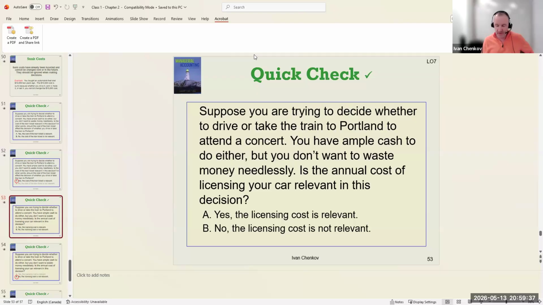But that's a different story. Then they're going to tell you that you still have to pay this parking insurance, so if something happens when you're parking your car, you're actually covered. Otherwise, you're not going to be covered. They have so many tricks there. But yes, the licensing cost in this case is irrelevant.